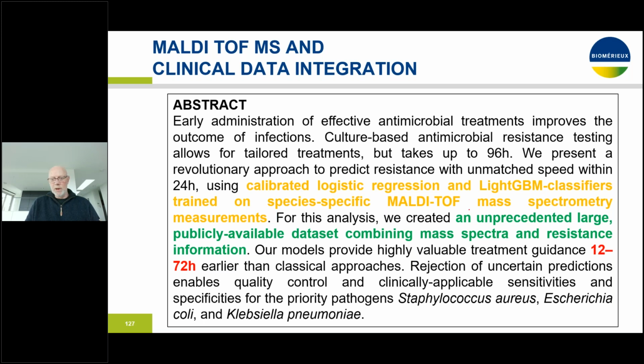If you use a large publicly available data set combining mass spectra and resistance information, their claim is that they could predict reliably, between 12 and 27 hours earlier than with classical approaches, a MALDI-based antibiogram. And I'm sure this is the first and certainly not the last paper on this subject.